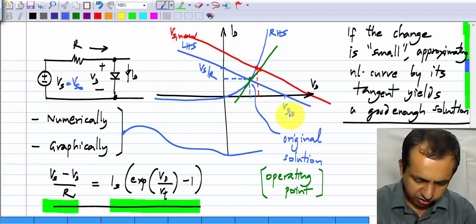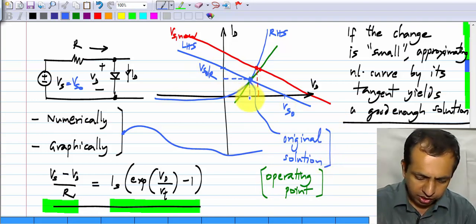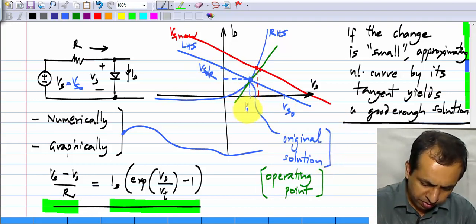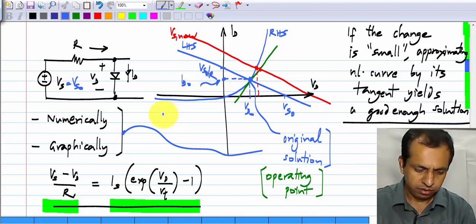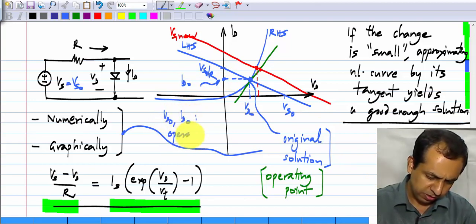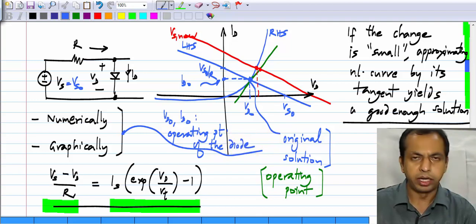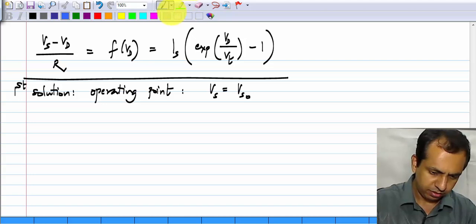So this is Vs0 and this is Vs0 by R, and this is the operating point solution, or the original solution, and let me call those values Vd0 and Id0. So Vd0 and Id0 are the operating point of the diode. And this has to be got by nonlinear analysis.